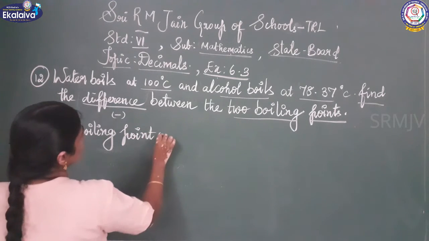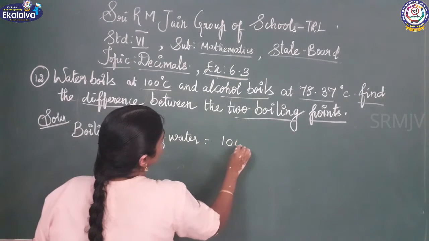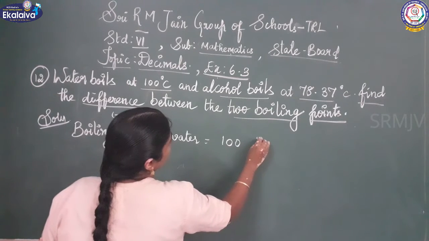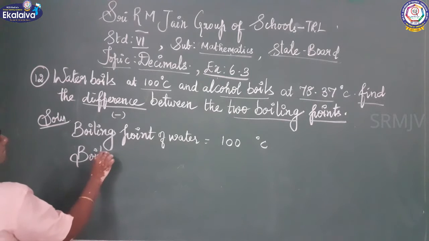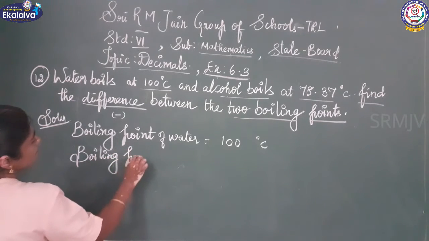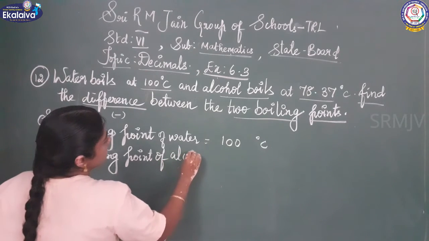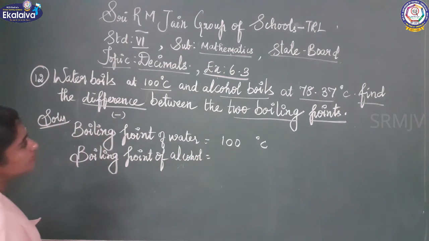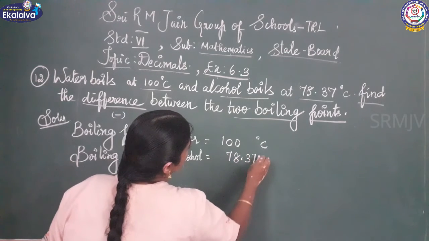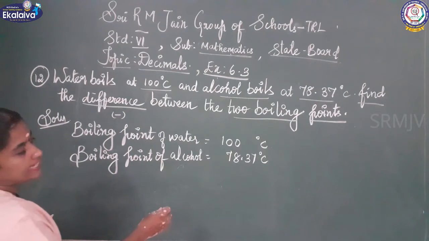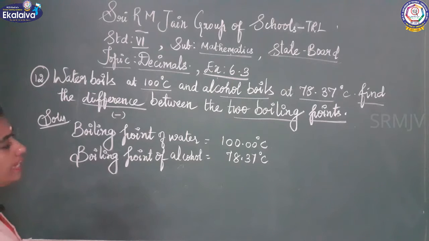Boiling point of water is equal to 100 degree Celsius. Now, boiling point of alcohol is equal to how much, which is given? 78.37 degrees Celsius. Change this into like decimal. So for that you have to put 2 zeros there.